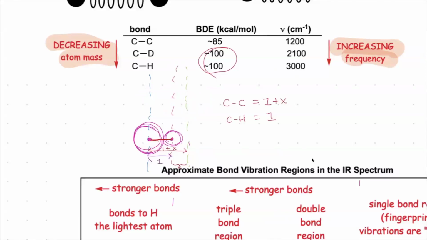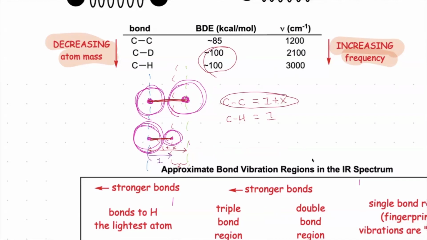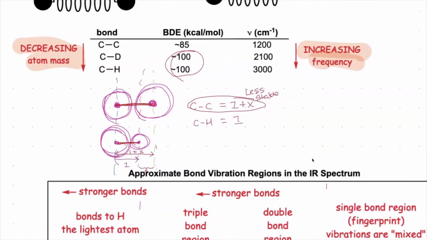This bond is bigger by x amount, so it's less stable because it's further apart, right?